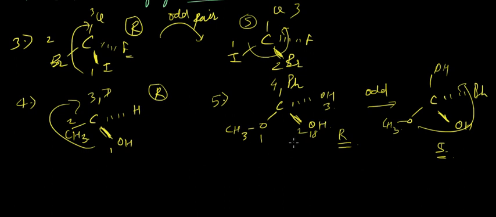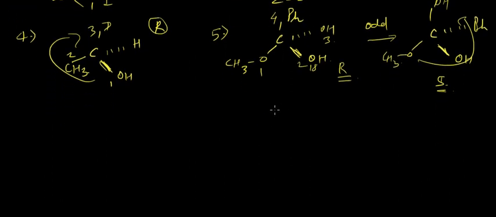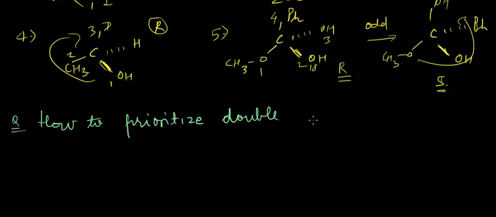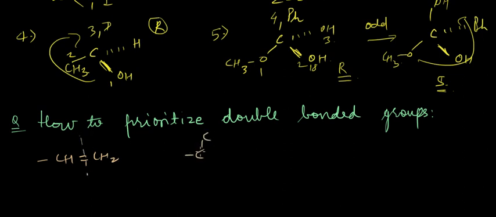Okay, so how to prioritize double bonded groups attached to a chiral center. In case of double bonded groups, as we saw in the EZ configuration, let's say this was a double bonded group. So across this group, apply this carbon atom, and on this carbon atom, break the double bond and just add this carbon atom to it.